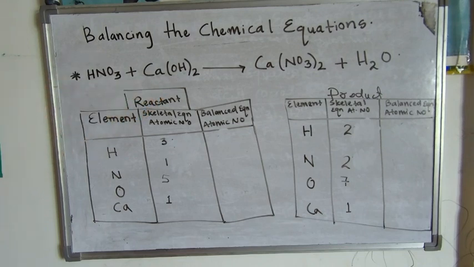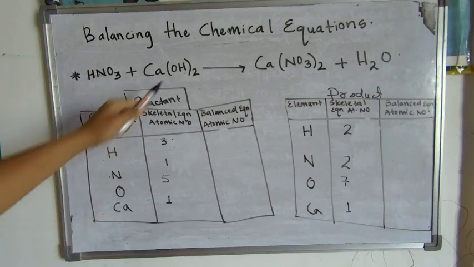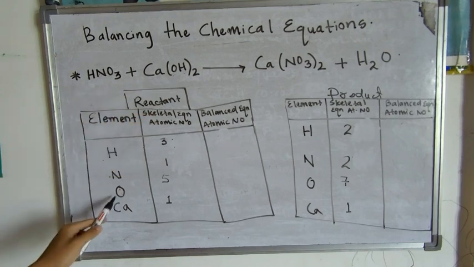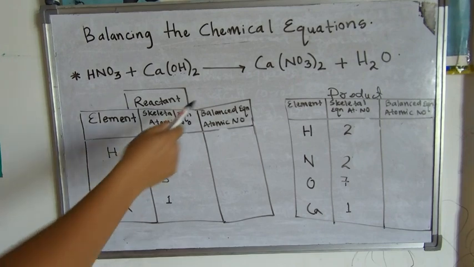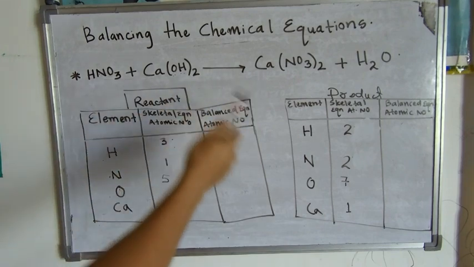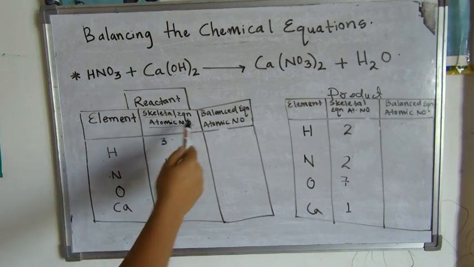So these are all the elements. I'm writing the elements here: hydrogen, nitrogen, oxygen, and calcium. Oxygen is repeating, so it is already written, and hydrogen is also already written. What I have to do here is this is a skeletal equation, because this is not balanced. Now I have to balance it.